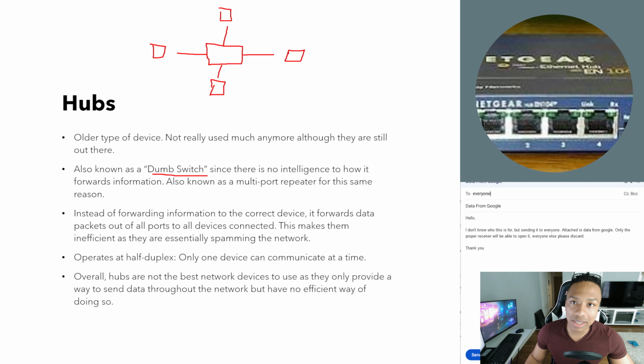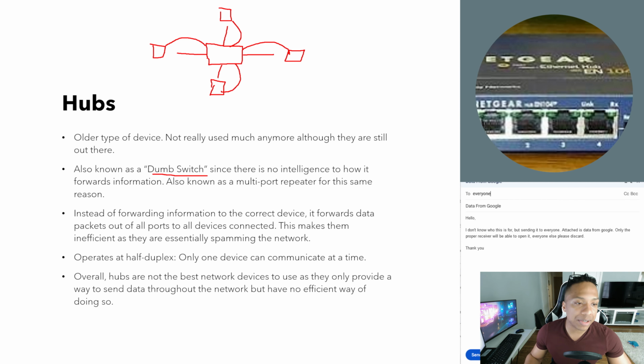Essentially, data is going to come into the hub. The hub is going to get the data, but the hub does not know who to send it to. So all it's going to do is send it out to everybody on the network. The hub is going to send it out to this computer, this computer, and this computer, because the hub has no intelligence. So that's why it's called a multi-port repeater. It's essentially just repeating to all the ports.